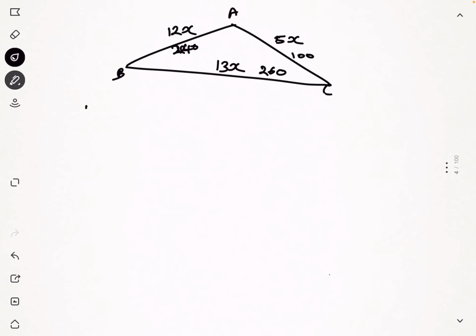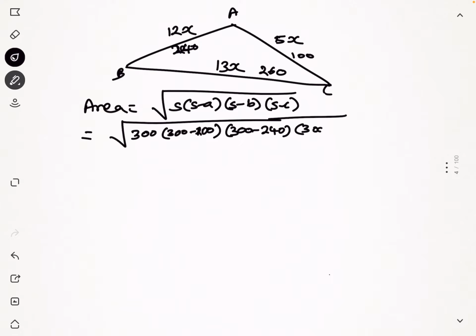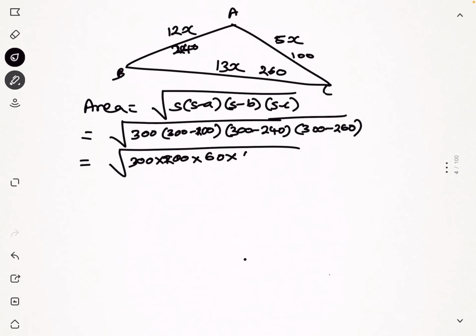So area is equal to square root of 300 into 300 minus 100, 300 minus 240 and 300 minus 260, which will be 300 into 200 into 60 into 40, right?